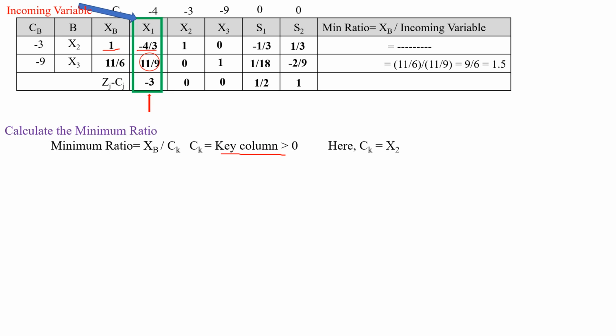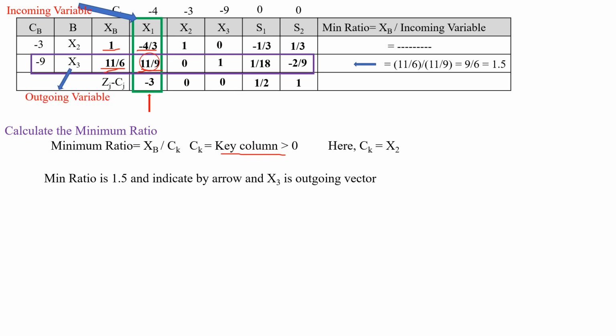Here the XB value is 11 by 6 and the coefficient value is 11 by 9. So 11 by 6 divided by 11 by 9 is 9 by 6, that is 1.5. So the minimum ratio is 1.5 for the x3 row. So the x3 row we call the key row and the x3 variable we call the outgoing variable.